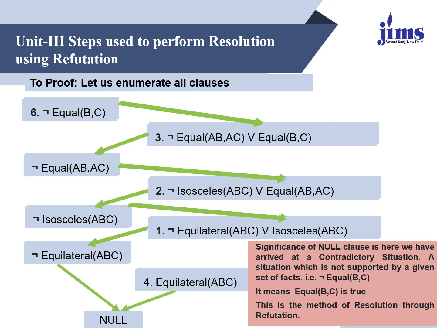We already have 4 propositions which have been converted into clausal form. Here we will see where this equal B, C is coming from. It is coming in statement number 3. And what is mentioned over there?